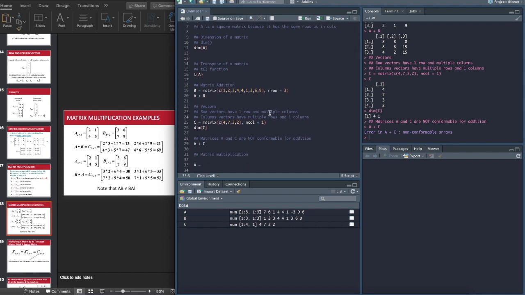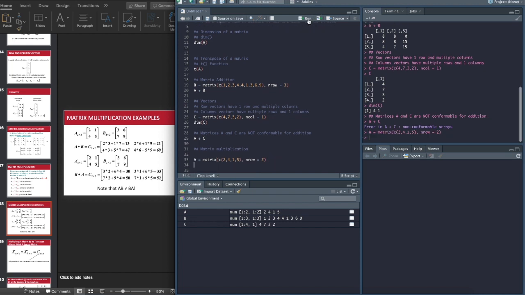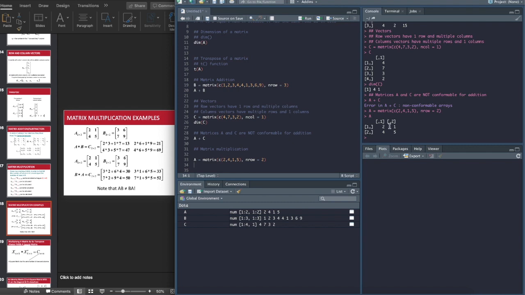Let's say A, and let's use a matrix constructor. The values for matrix A are 2, 4, 1, 5. We say that this has the number of rows equal to 2, so I don't need to set anything else up. Let me look at the matrix A, and it is a 2 by 2.